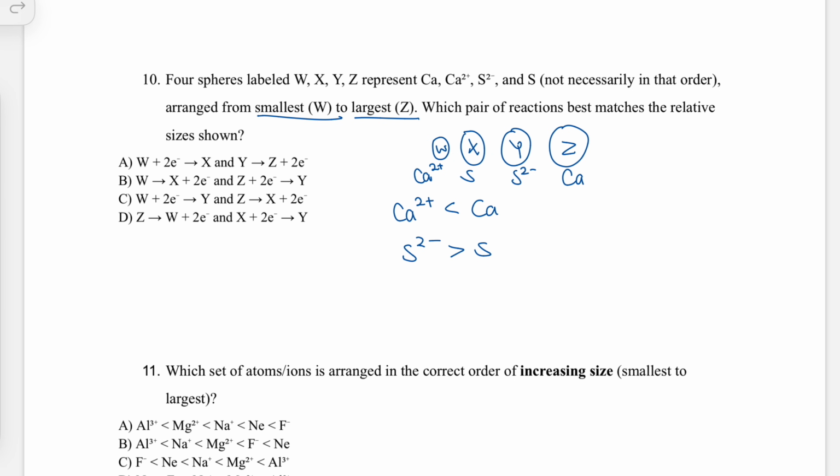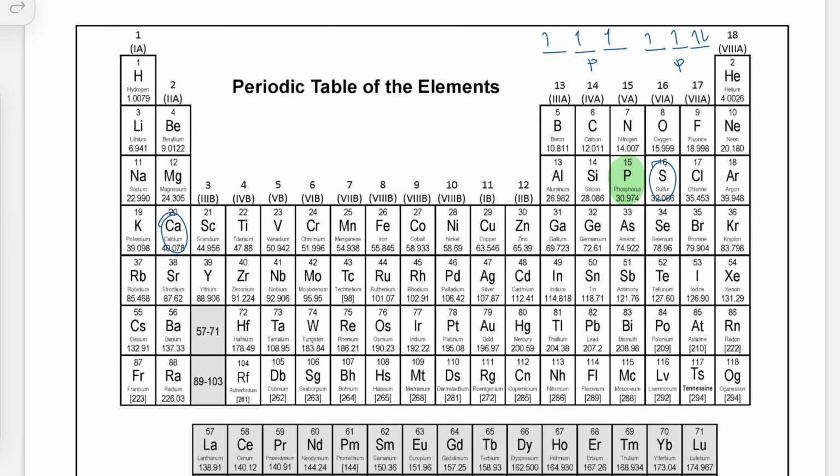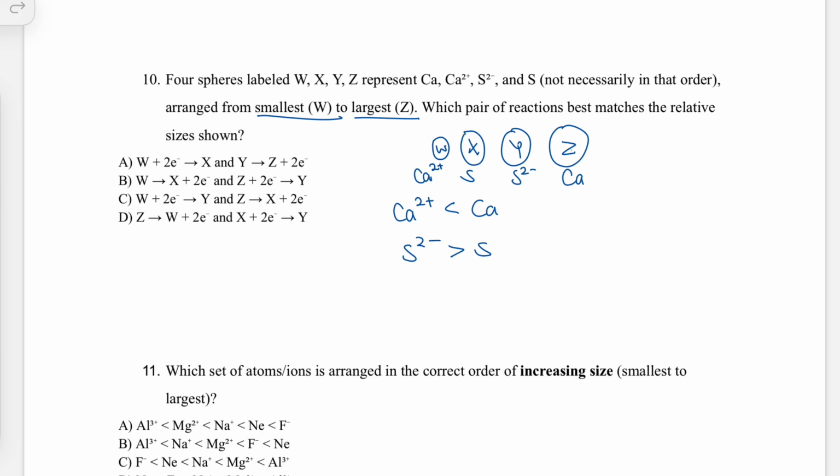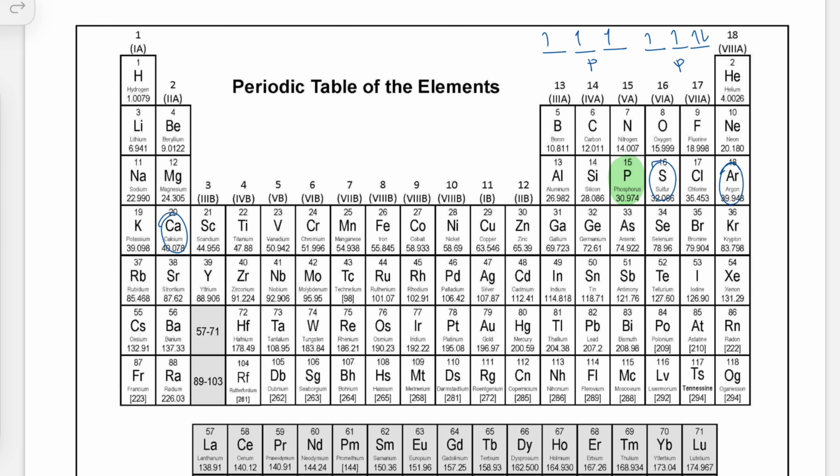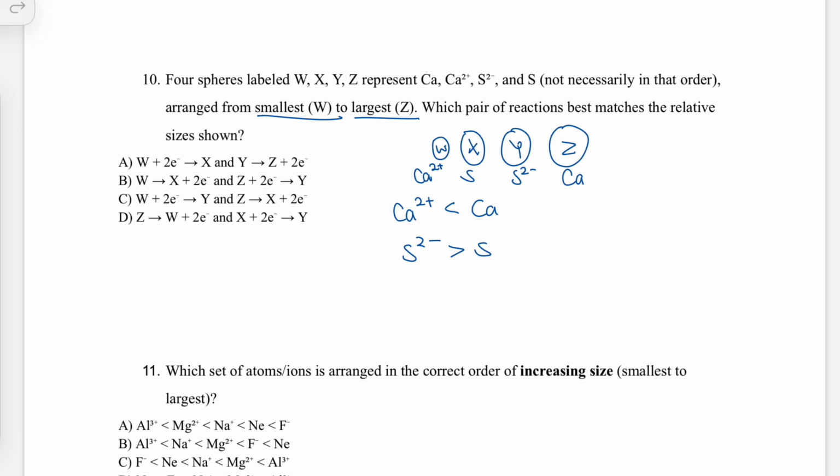So based off of the knowledge that we have, we know that calcium has an extra electron shell above all the other species, and sulfur, although it's an anion, doesn't have that extra shell, so that's why I put it at Y and not Z. And then with the calcium cation and sulfur, these have the same electron shell, but calcium has more protons, a higher effective nuclear charge, and that's why I put it as smaller than sulfur.